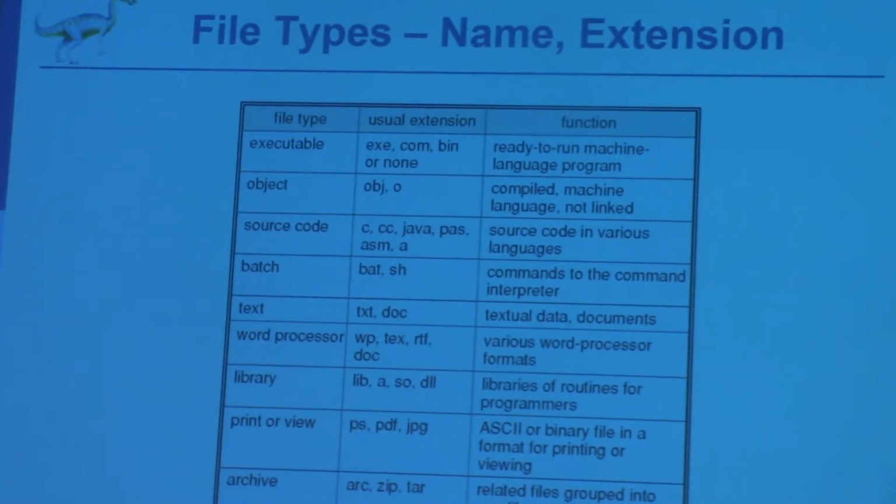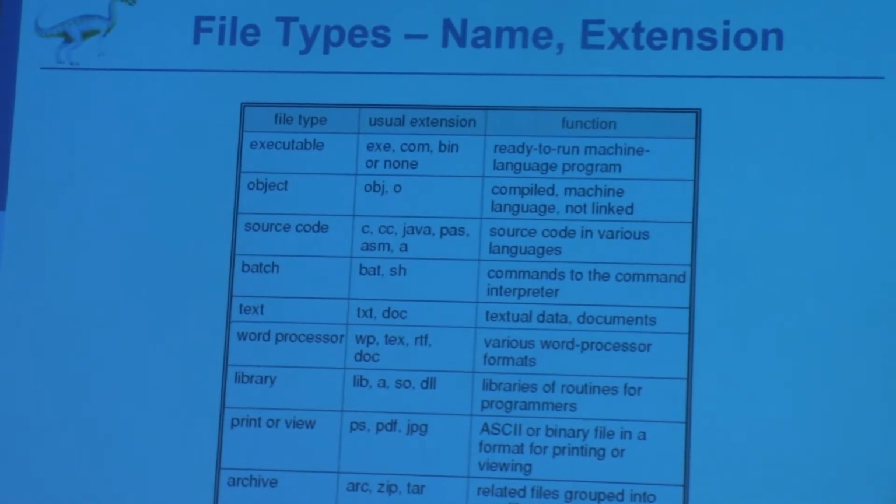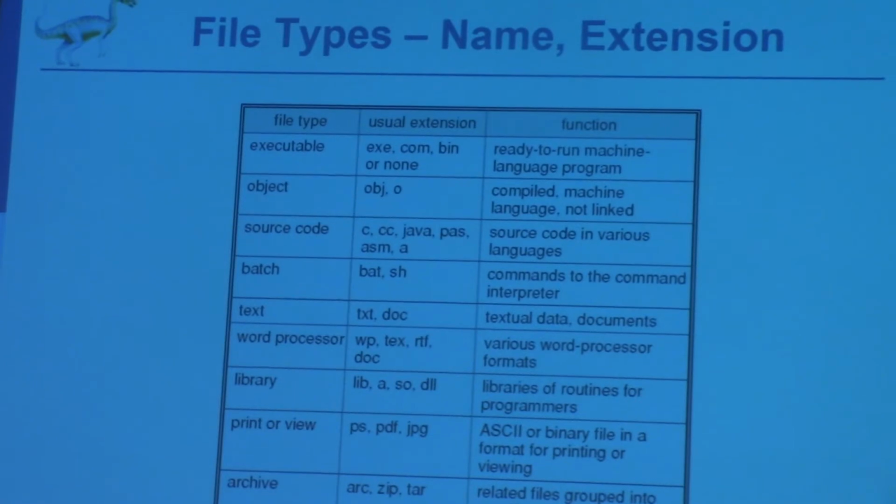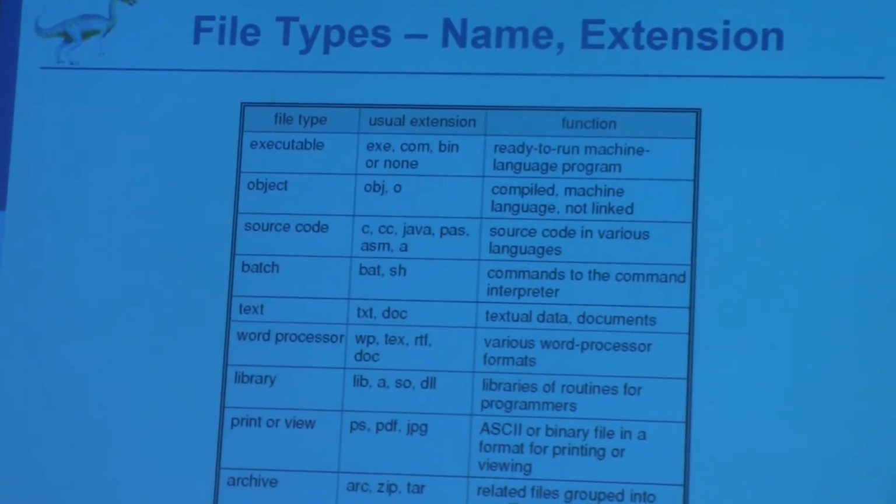Windows uses three letters for the extension, but nowadays more. But that's for convenience. Instead, it's in the header. The file type will be determined sometimes by the operating system, sometimes by the application program, and it is specified in the header. Sometimes it's not explicit, you don't know, but generally we can group file types like executable file, object file, and so on.